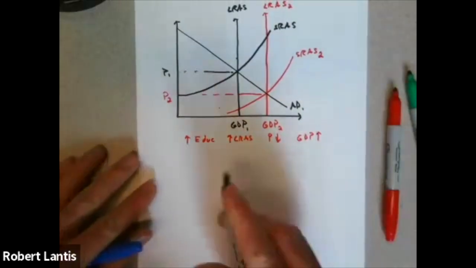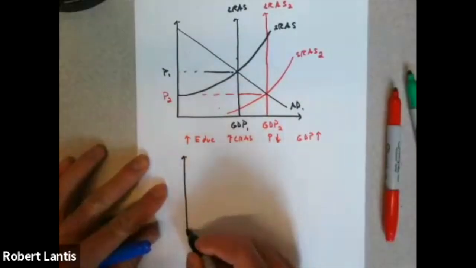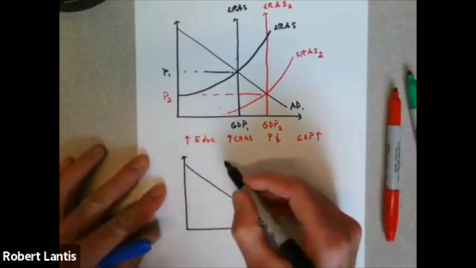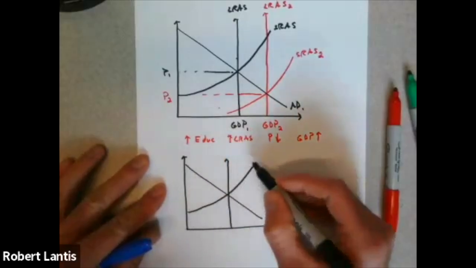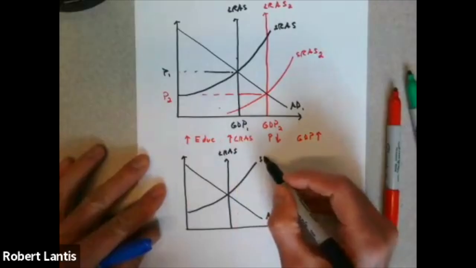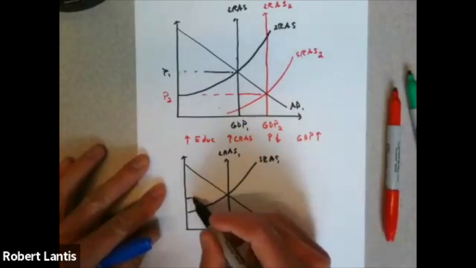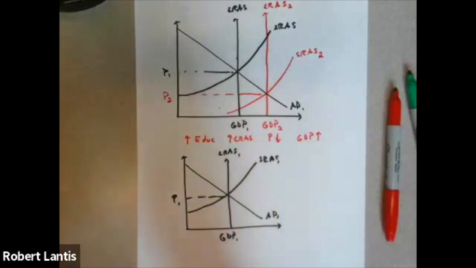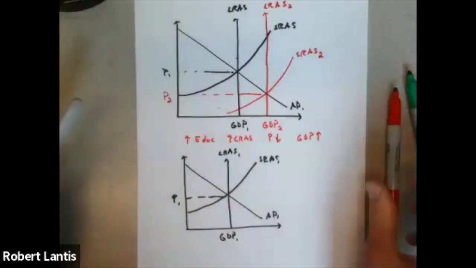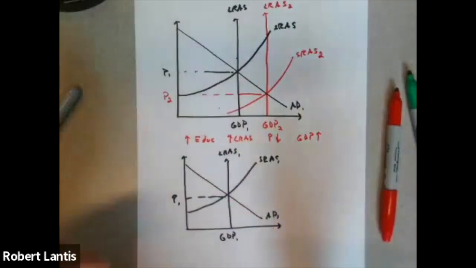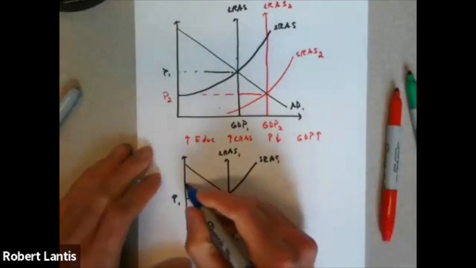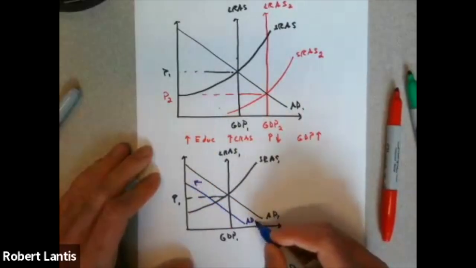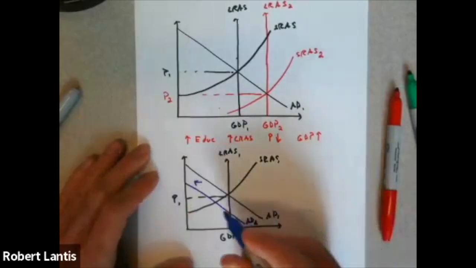Now, if at the same time, I've got the same kind of setup, start out here. But this problem told us we have a decrease in job security. Well, a decrease in job security is going to do what? It's going to, I don't think I'm going to have a job tomorrow. I don't buy as much today. So we're going to see a decrease in our aggregate demand curve. Okay. Well, what's that going to do?